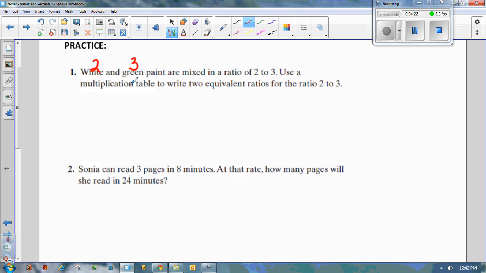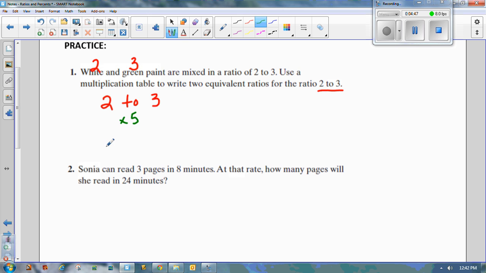They say to use a multiplication table to write two equivalent ratios for the ratio of 2 to 3. Now here it just means they want you to create the equivalent ratio through multiplication. So we're going to write our ratio 2 to 3. And then we need to choose a value to multiply each part of this ratio by. Let's go by 5 this time. So we're going to multiply each part of this ratio by 5.